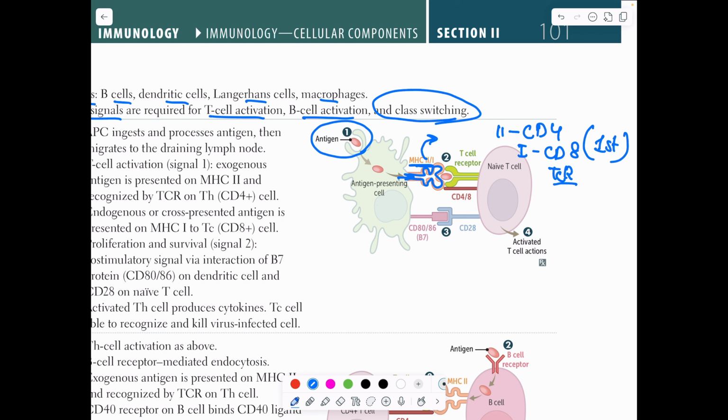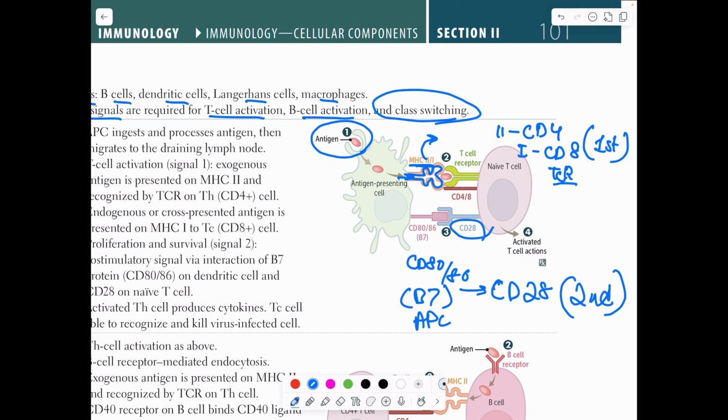And the second signal is between CD80 or 86, which you already said is B7, of the antigen presenting cell, with CD28. Right? CD28 of the T cell. This is the second signal. When both of these signals are done between the T cell and the antigen presenting cell, then the T cell becomes active.